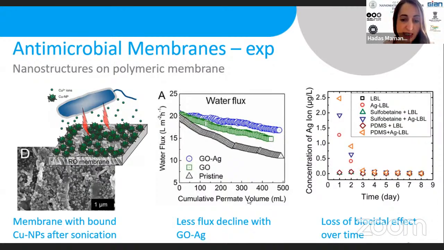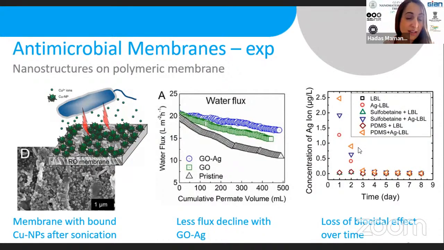And for example, we can see here less flux decline with GO-Ag, so graphitic oxide with silver. We can see here that we have less reduction in water flux due to control of biofouling. And here we see also less biocide effect over time.